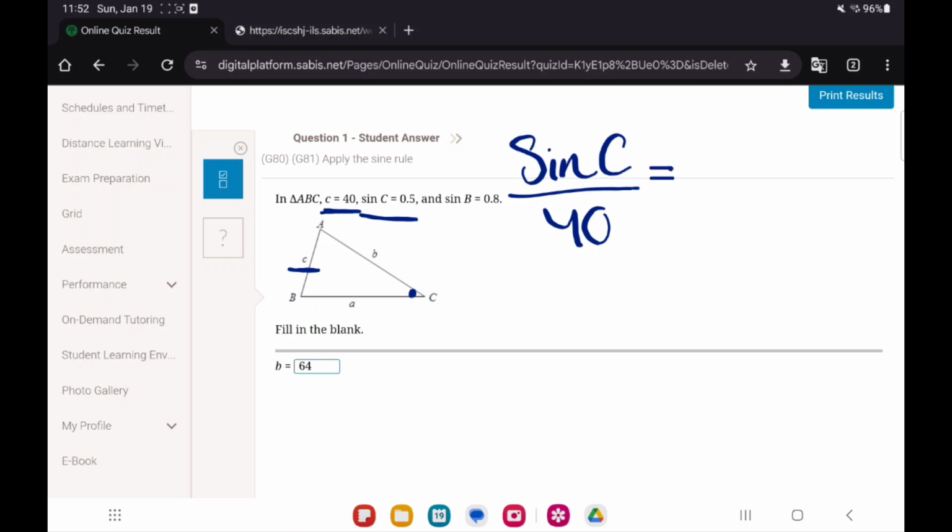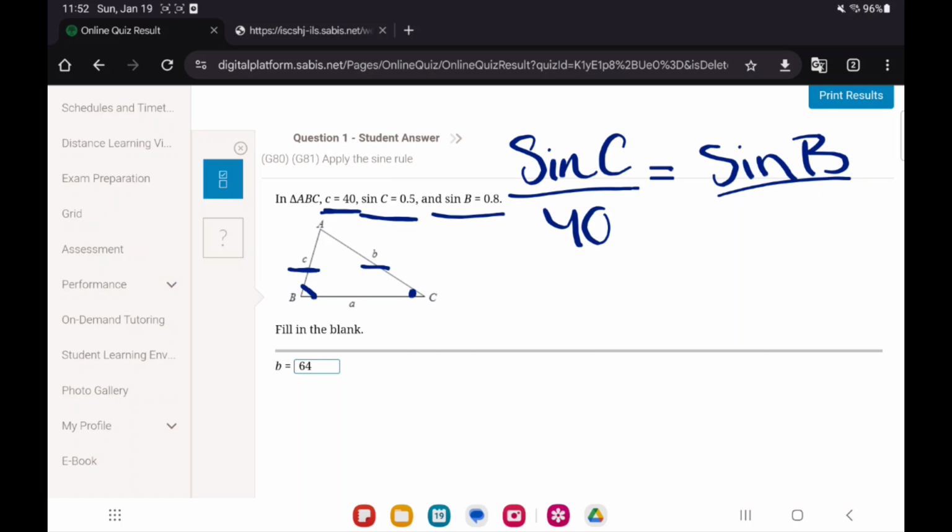Equals sine B, another rectangle, which we have here is sine B, over the opposite side, which is B, and that's what we're trying to find. So don't pick any side that you have values for both of them, or that you don't have values for both of them. You need to have only one number missing.